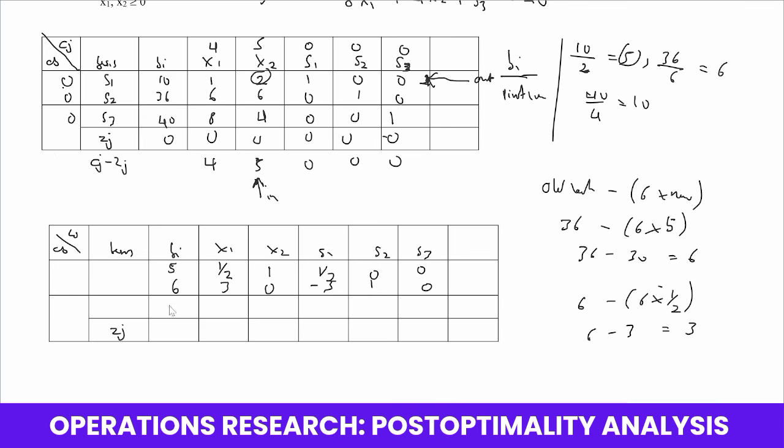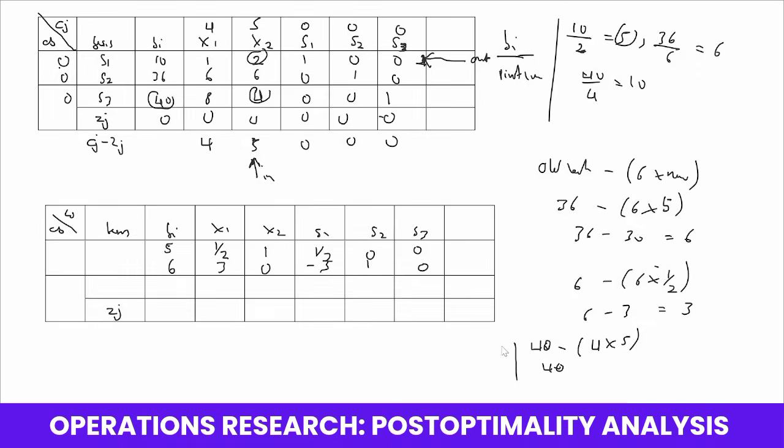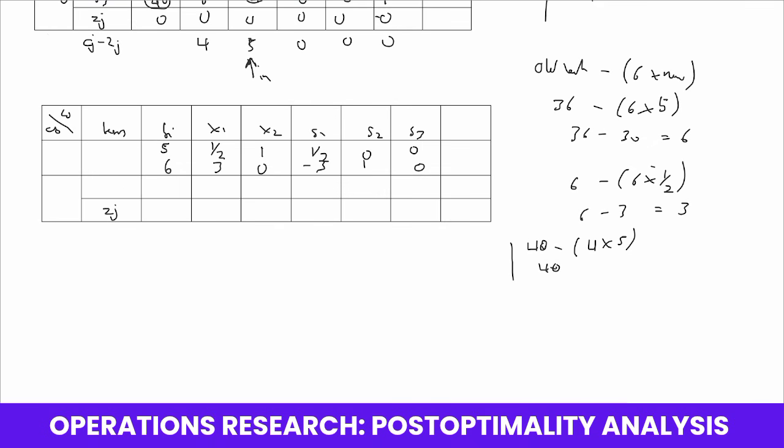So you do the same for the third row. You do it with respect to the pivot row. So let's do the first two. We have 40 here. So that's the old value. 40 minus, what's the corresponding value for that row in the pivot column? That is this 4. So 4 times, what's the new value here? 5. So 40 minus 20 will give us 20.